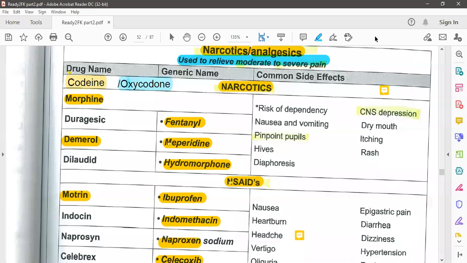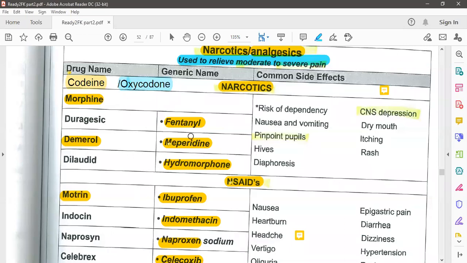Here we are going to focus on and overview some of the medications commonly called narcotics or analgesics. The common use of narcotics or analgesia is to relieve moderate to severe pain.